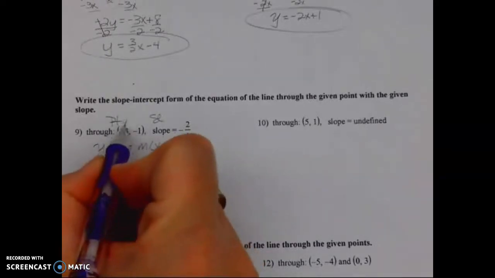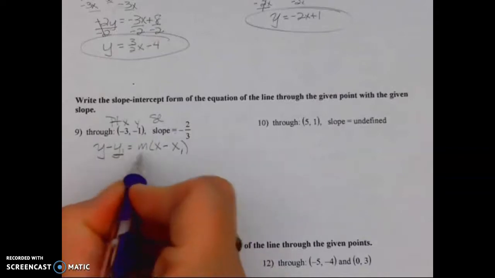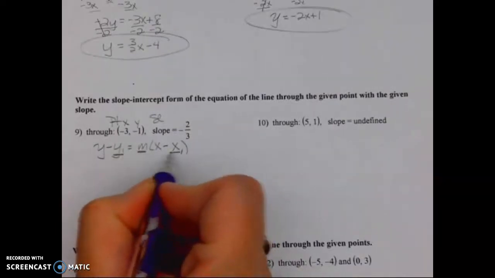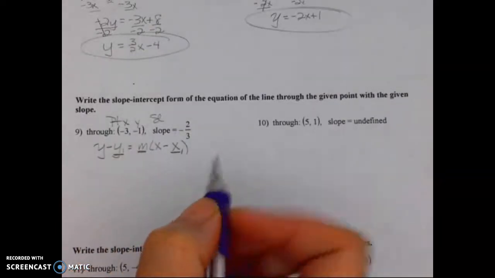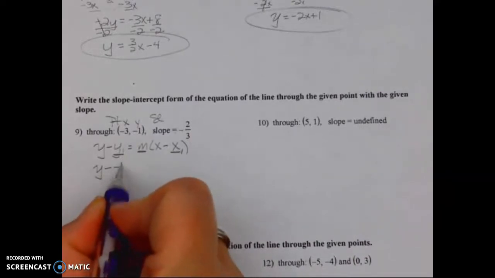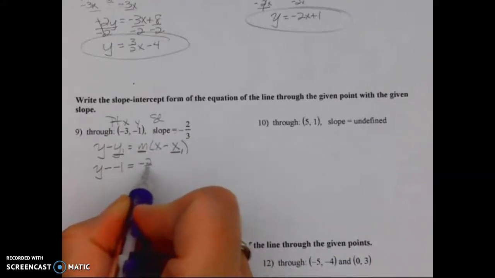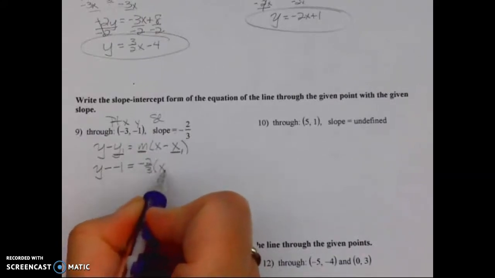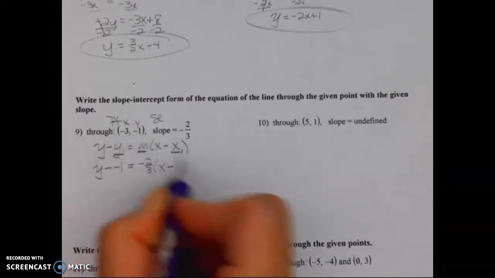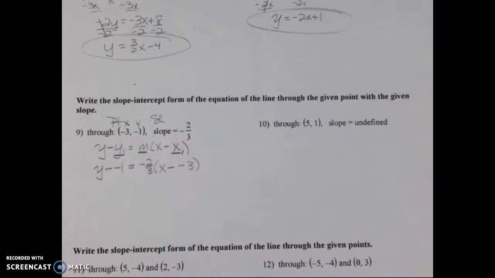Okay, here's my x, here's my y, here's my slope. So I replace this, replace this, replace this. Okay, let's do this. Your y value is -1. M is -2/3. And x is -3. Okay, all those numbers are in there.